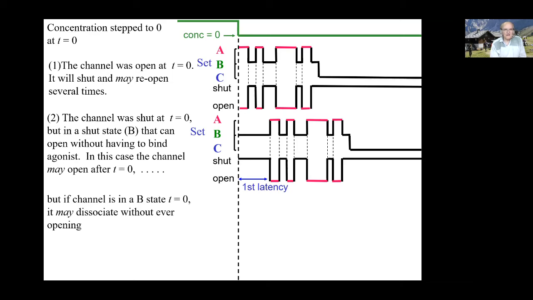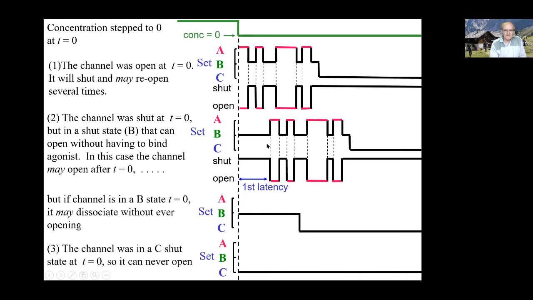Of course, if the channel was in a B state at 0 time, it doesn't have to reopen. It may just go straight to the C states without opening, in which case you don't see anything. And if the channel was in a C state at 0 time, it can never open, so you just see nothing.